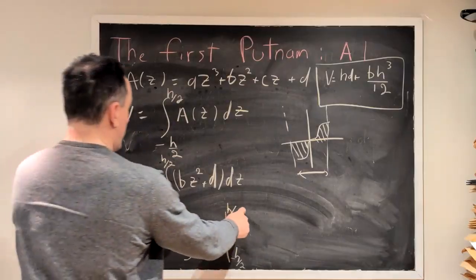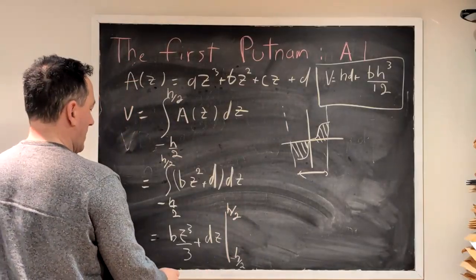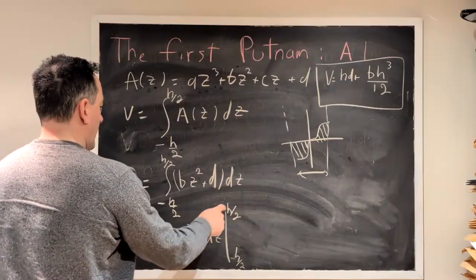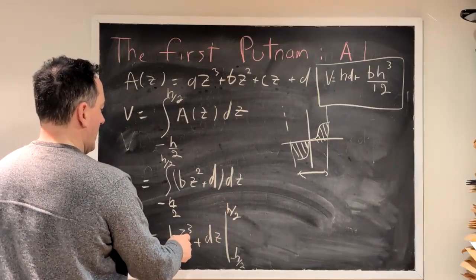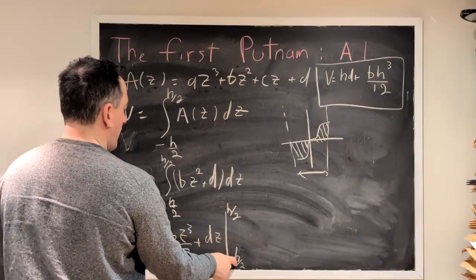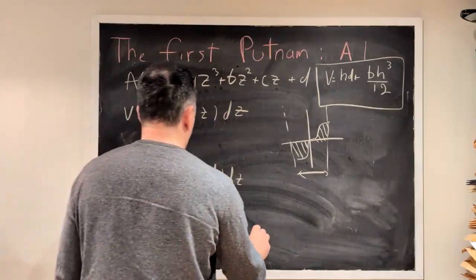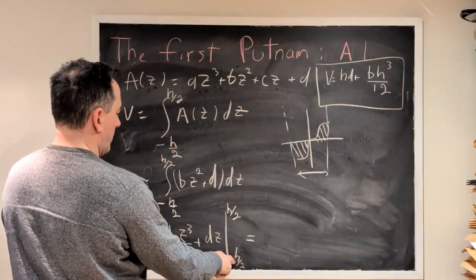And we just plug this in, so we will get h cubed over 8, and then minus h cubed over 8 when we plug the minus here.